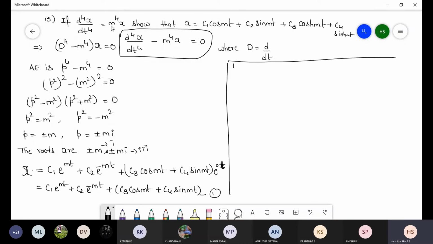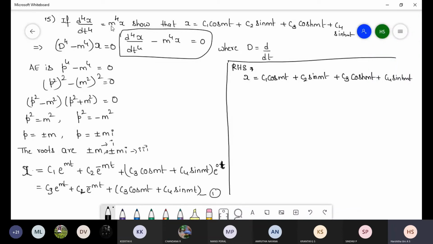Here I will write RHS is equal to what they have given: x is equal to C1 cos mt, C2 sin mt plus C3 cos hyperbolic mt plus C4 sin hyperbolic mt. So as they have given C1 cos mt, here I just change.